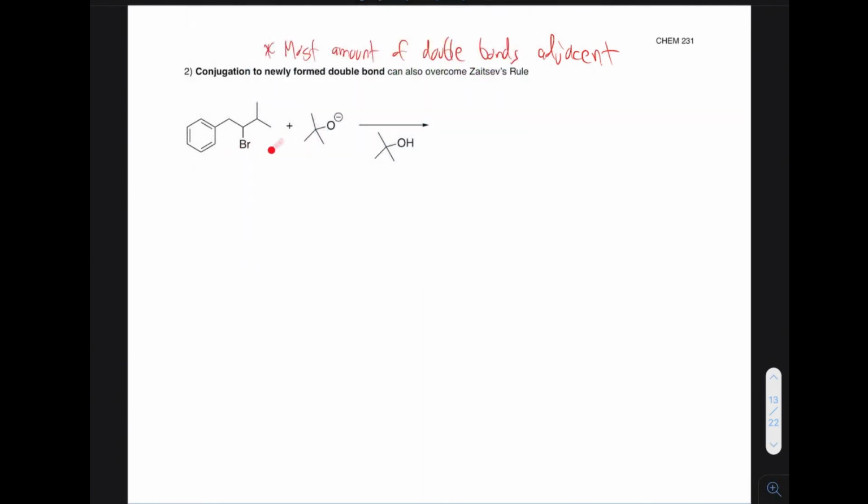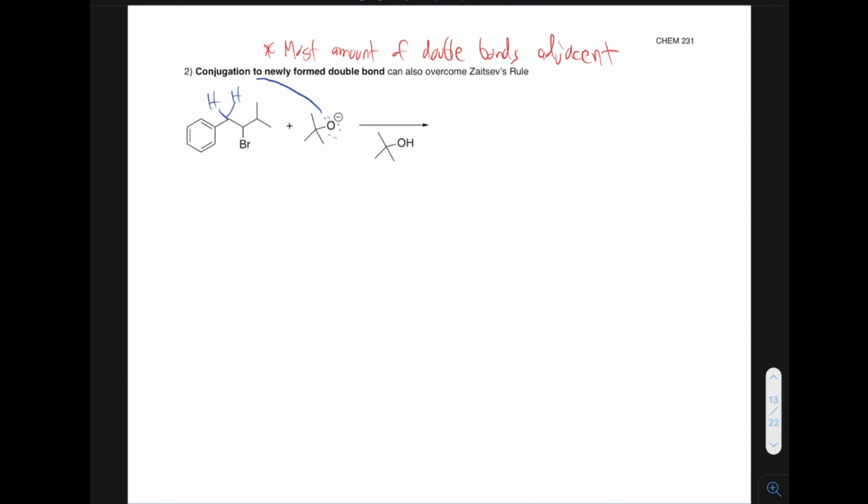So looking at this molecule here, we might think, okay, if we're following Zaitsev's rule, we would have the double bond here, because this would be a tri-substituted alkene, but we would actually rather have it in this position to give us a conjugated product. So what does that look like here? We have our bulky base, which we know is good for E2 eliminations and not SN2.